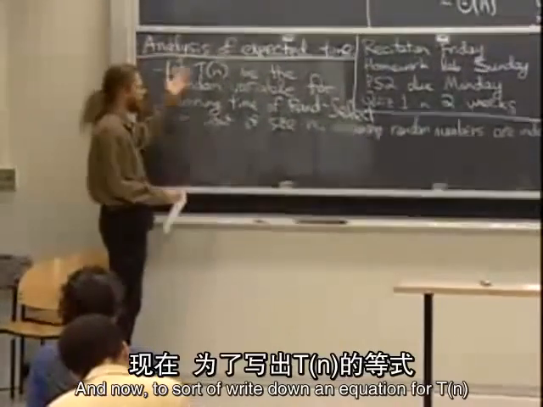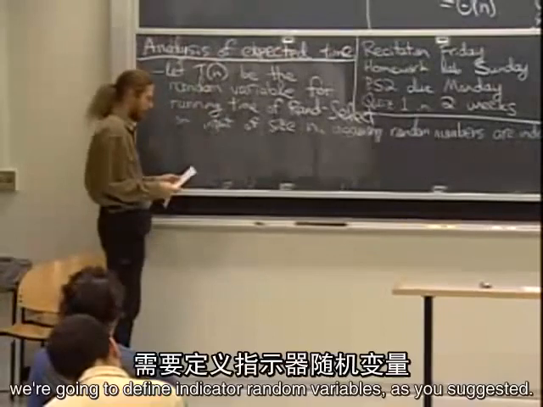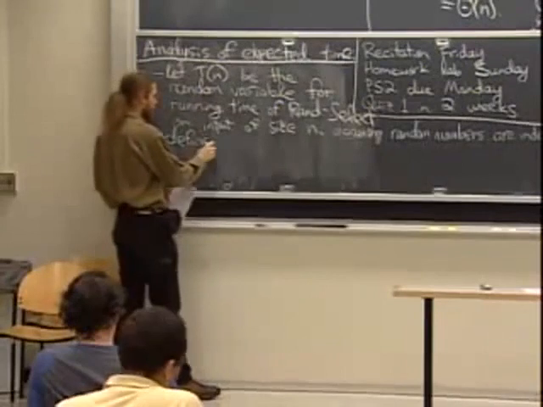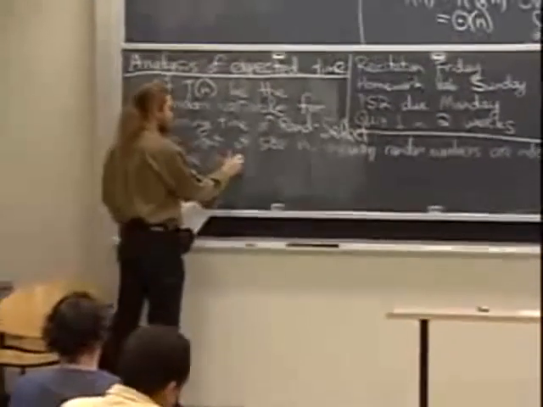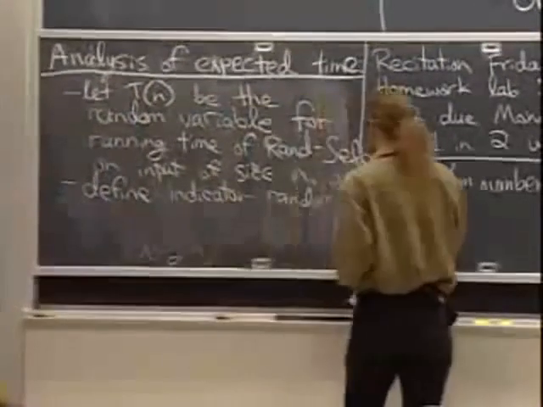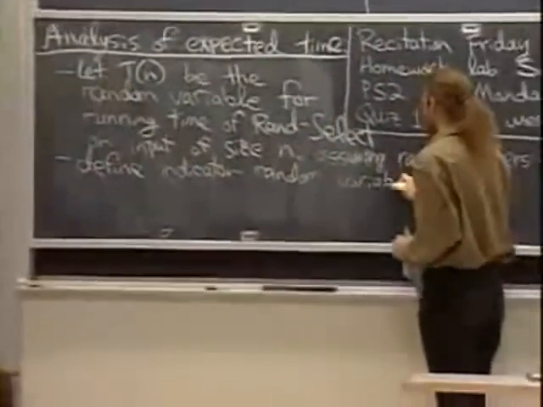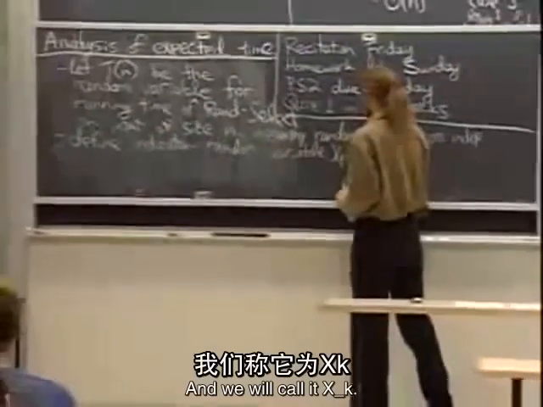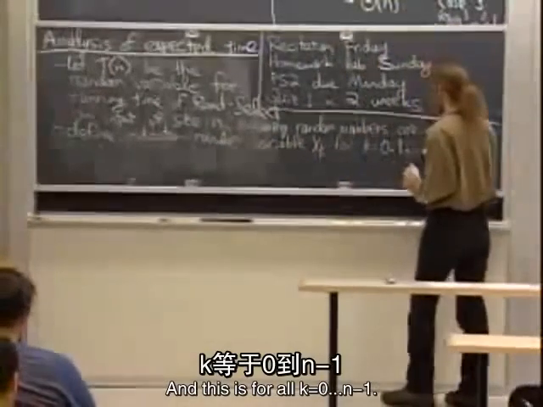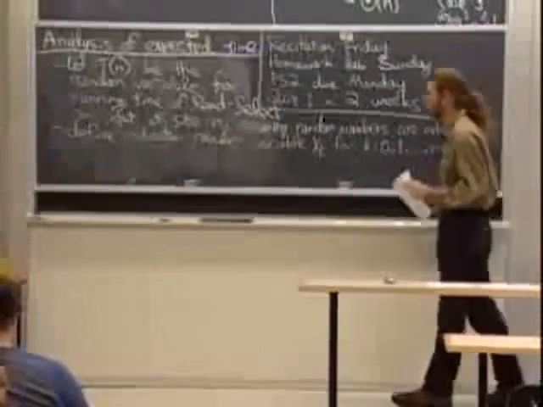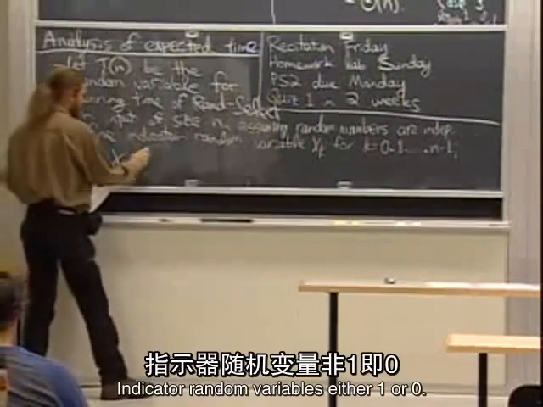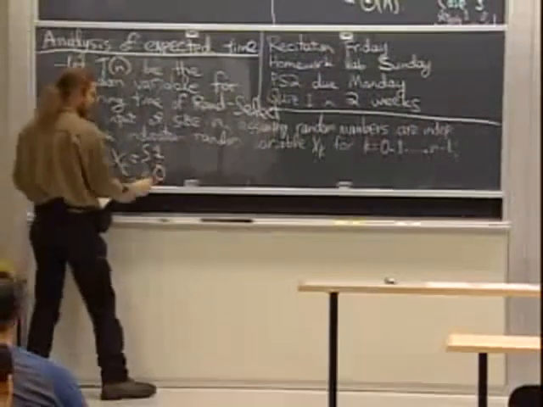And now to write down an equation for T of n, we're going to define indicator random variables, as you suggested. We'll call it X_k, and this is for all k from 0 up to n minus 1. So an indicator random variable is either 1 or 0.